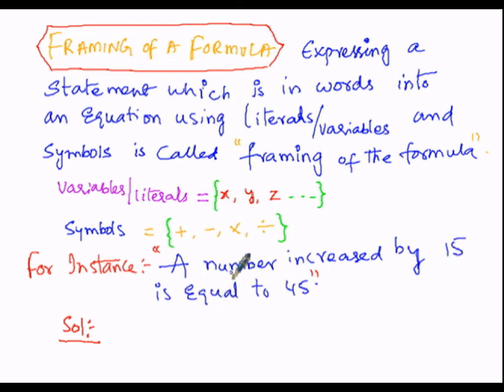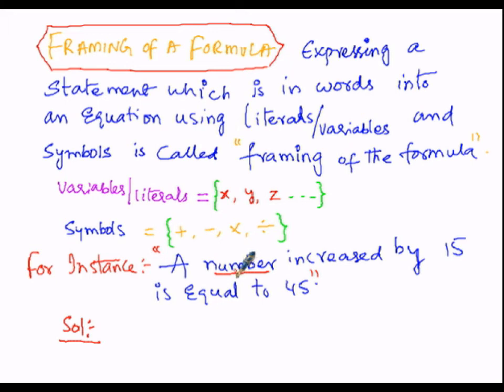Here the number is unknown, so that unknown number must be assumed as one literal or a variable. The number must be increased by 15, so 15 must be added. If it were decreased, instead of increased, we would have subtracted. Since it is increased, we have to add 15 to this unknown number.